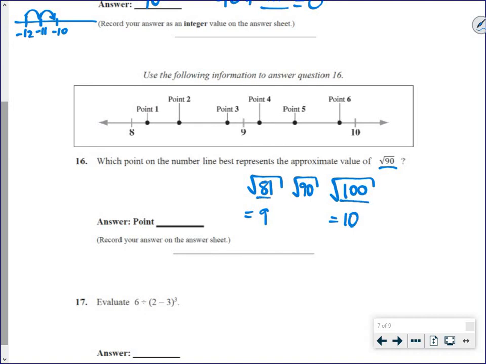So given that the square root of 81 is 9 and the square root of 100 is 10, the midpoint is probably going to be about 9.5. So the point on this number line that best approximates 9.5 is 0.5. So the answer for me is 5.